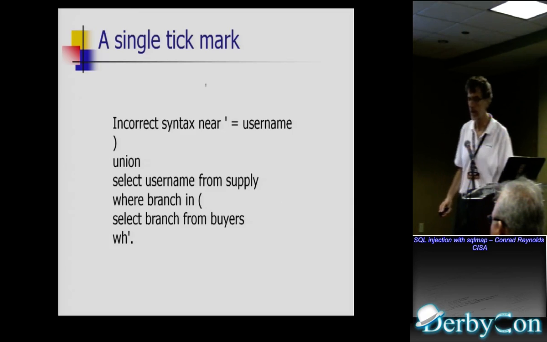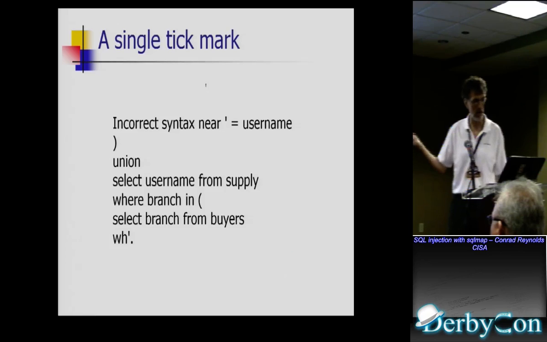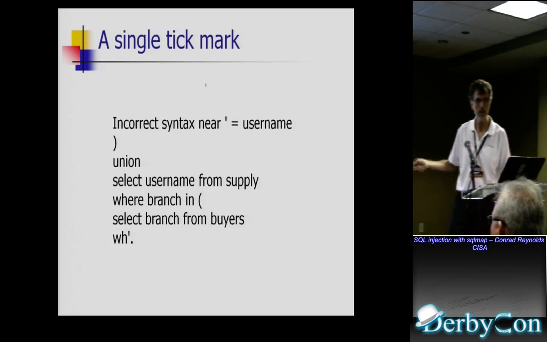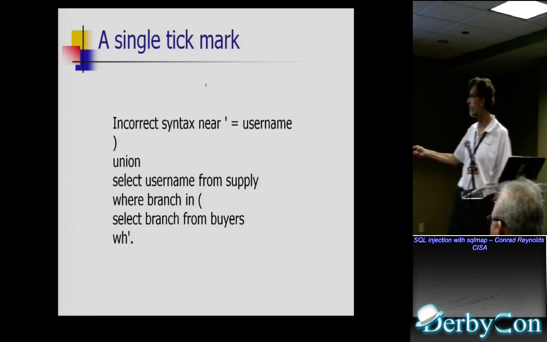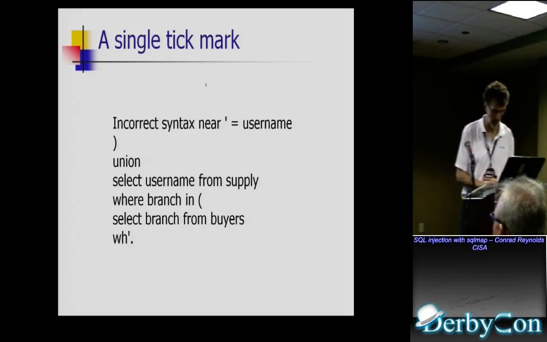And it said invalid syntax near tick, which was probably the one I put in, equals username, paren, union, select, and then you could see it went on and on. It cut me off here in the middle of the where, so I couldn't see everything that was there, but it gave me enough to give me some ideas of some things to try.